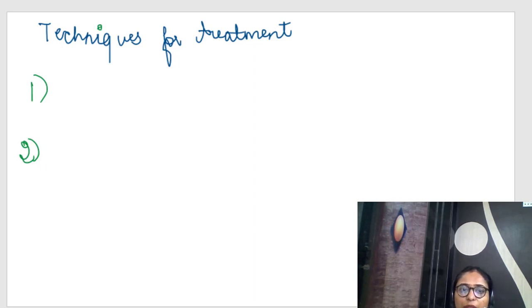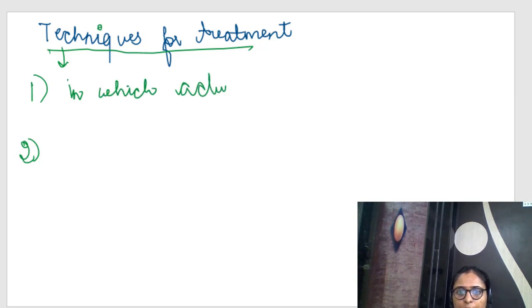So you prescribe exercises in which your movement should be maximum, meaning the activity required is to be maximum. That technique should be adopted. So the first technique is that in which activity required is to be maximum.